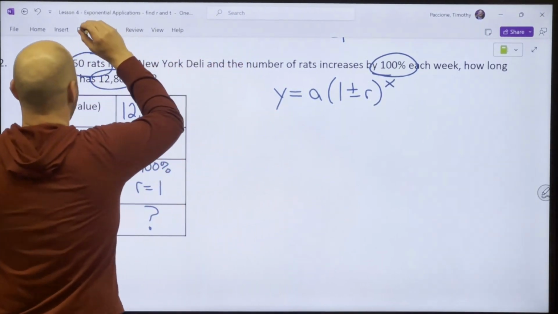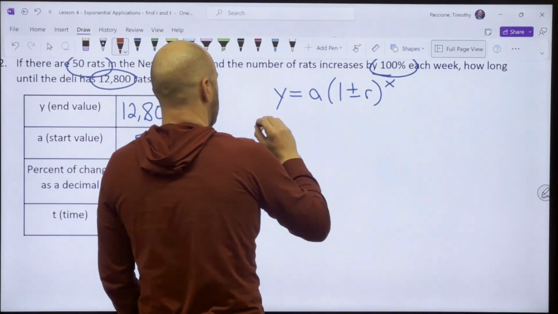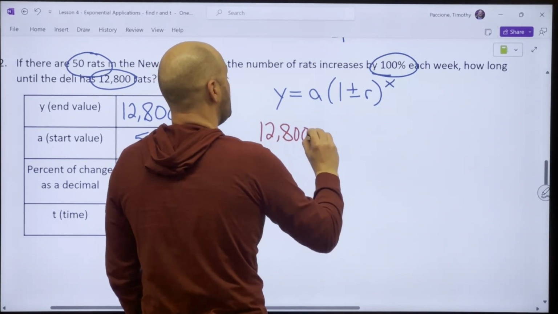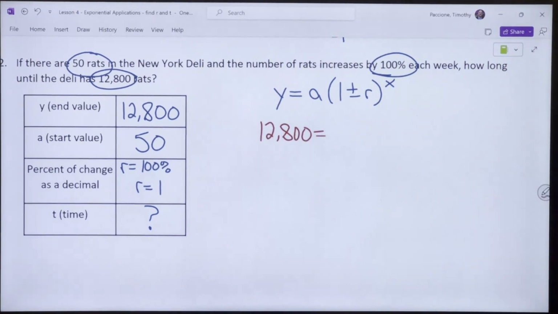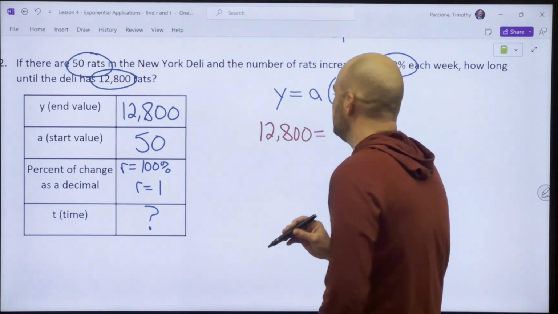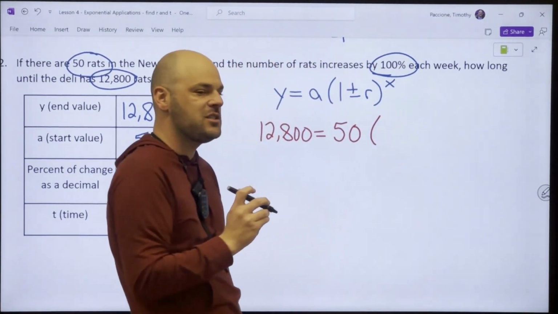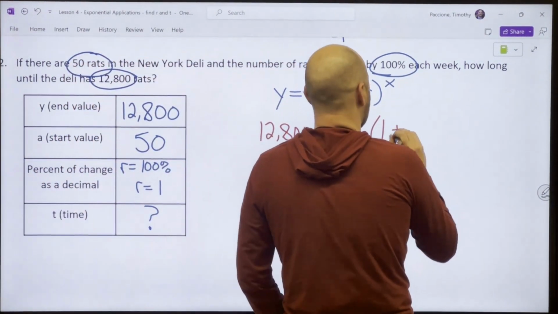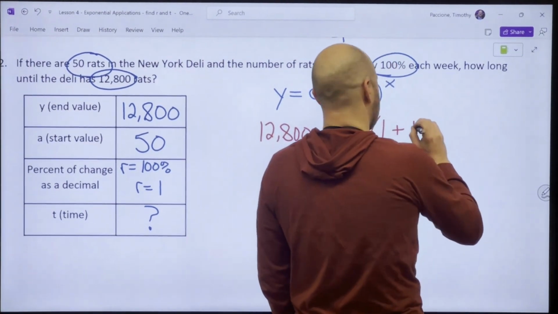So let's plug in what we got. Okay. Do we know y? Yes. What is it? 12,800 what? Rats. Remember, picture this while you're doing it. It'll help you remember. All right. What's our starting value? 50 rats. And then, are we going to do 1 plus r or 1 minus r? 1 plus, what was our r? 1.